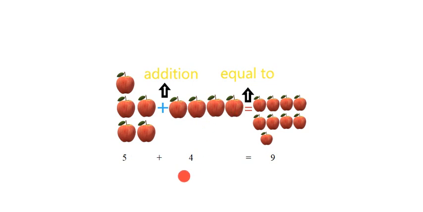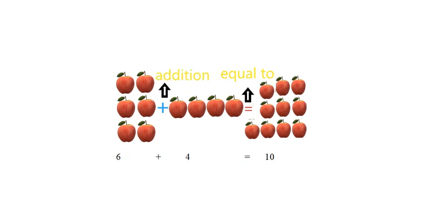These are 4 apples. So how many apples do we have altogether? Let's count them in total. 1, 2, 3, 4, 5, 6, 7, 8, 9. We have 9 apples in total.